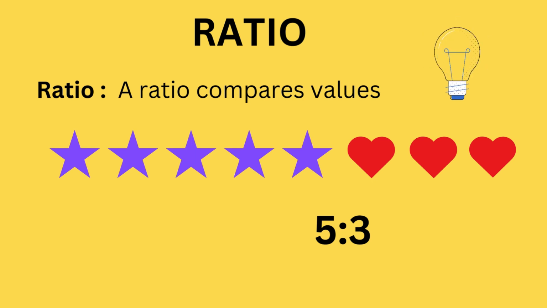This kind of comparison of how much of one quantity to the other is called ratio. Here we are comparing the number of stars, that is count of stars to hearts, but we are not comparing stars to hearts. So ratio can be defined as comparison of similar quantities or values.